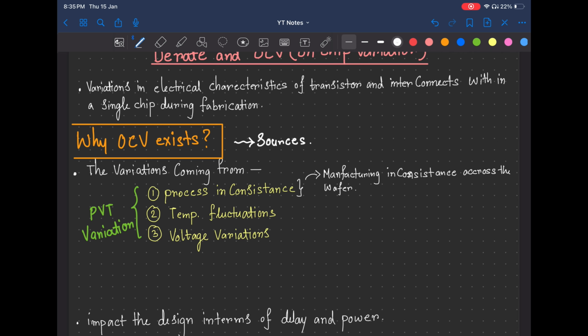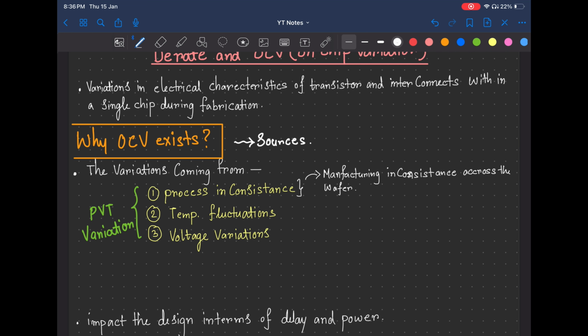Optical proximity correction issues can cause the channel length or the thickness of the oxide of the transistor to vary slightly from one region of the die to another region.